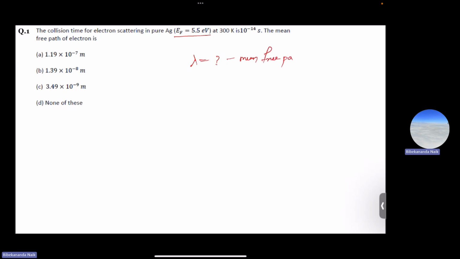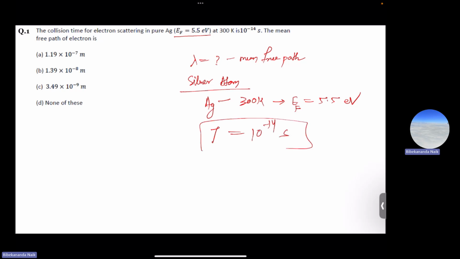What is given to us: this is the silver atom, and for silver at 300 Kelvin, the Fermi energy is 5.5 electron volt, and the collision time for electron scattering, that is tau, is 10 to the power minus 14 second.